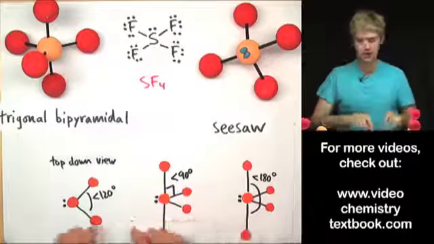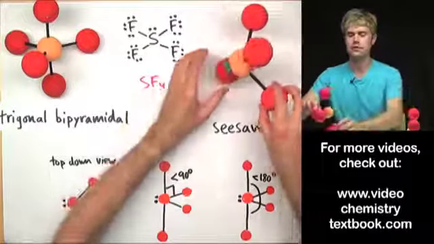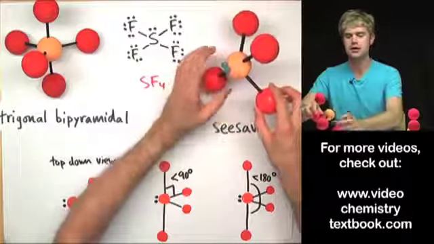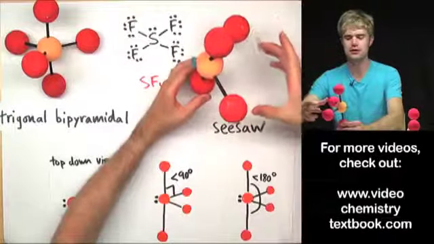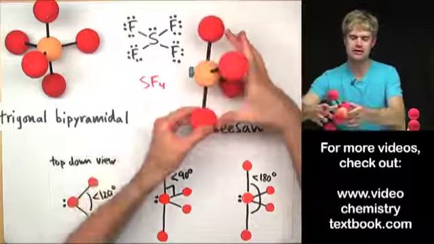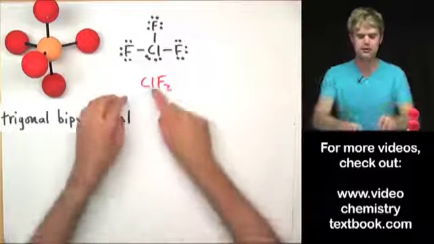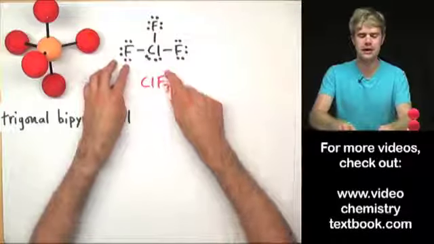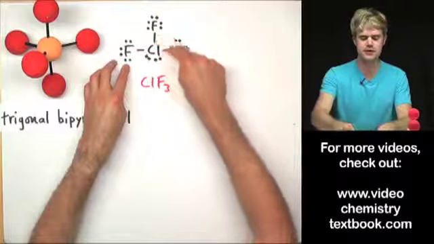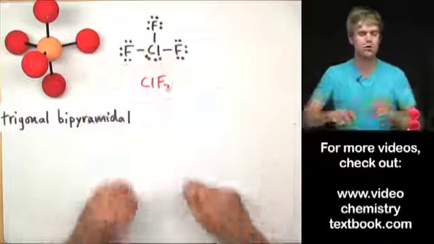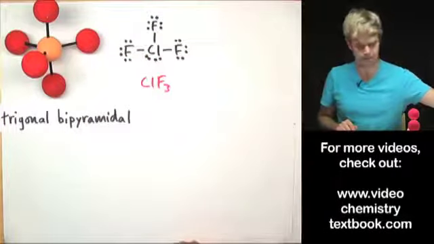So these are our angles for the seesaw. They're all because this unshared electron pair pushes these equatorials inward and these axials inward like that. Okay, here's our next molecule, ClF3, and this has 3 bonds and 2 lone electron pairs.